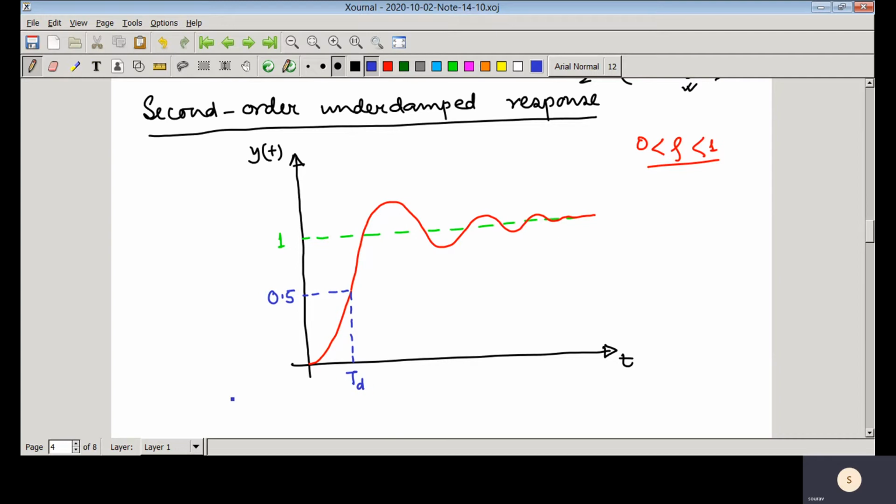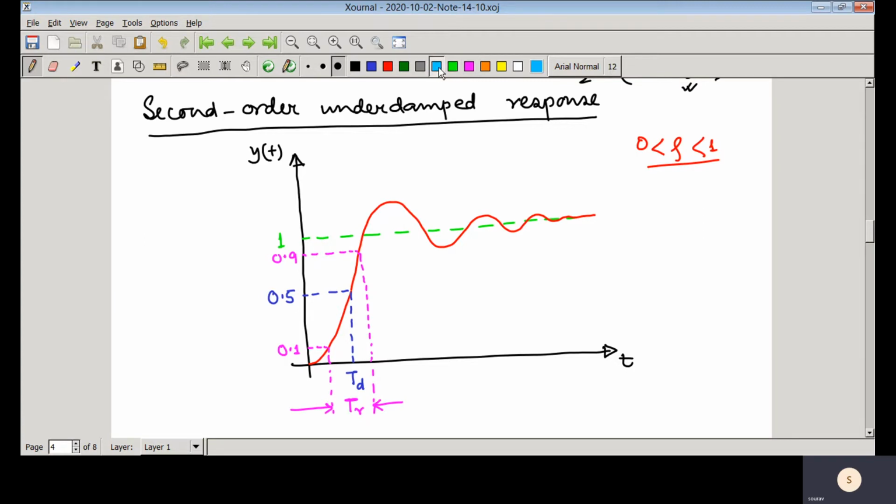Then if we take 10% here, this is 10% of the final value, which is 1, so 10% of that is 0.1, and here suppose this is 90% of the final value, that is 0.9. So here this is the time, and this time I am denoting as TR.